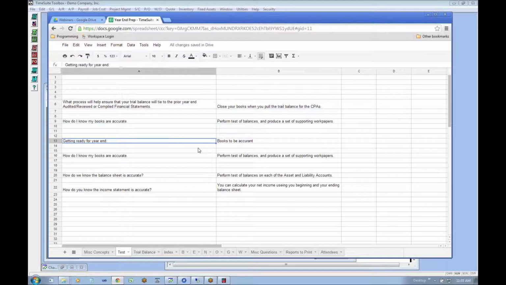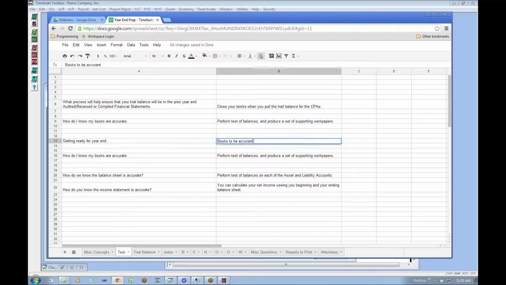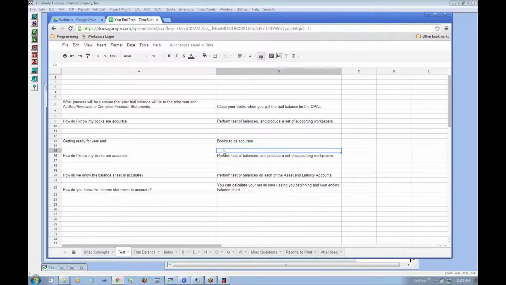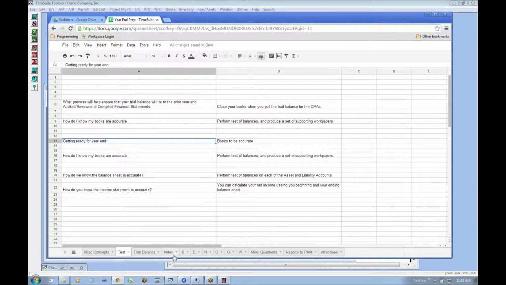So when you get ready for year end, let's just make sure your books are accurate. Go through each of your accounts. Now, producing a set of work papers is probably a superior thing that you can do, and a great start, as an example.